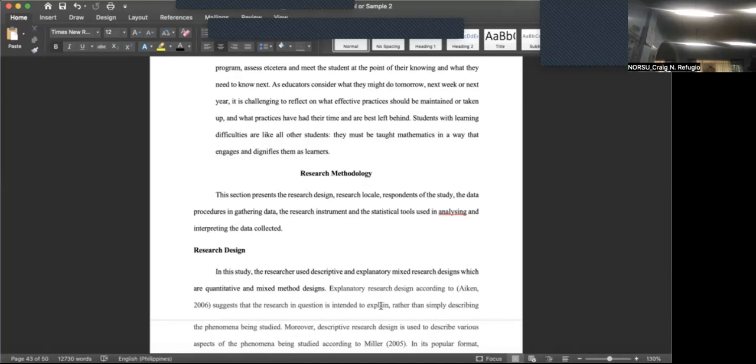Which part can be used in that literature in the statement of the problem? So there is actually a connection between your review of related literature and your study. And what is that part in the study? Statement of the problem number 1, number 2, number 3, and number 4. So the same.